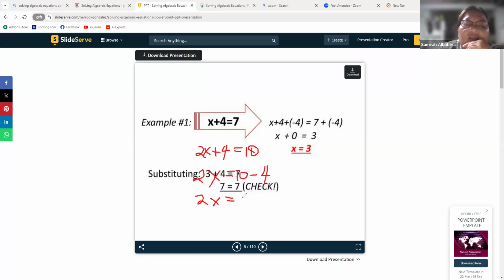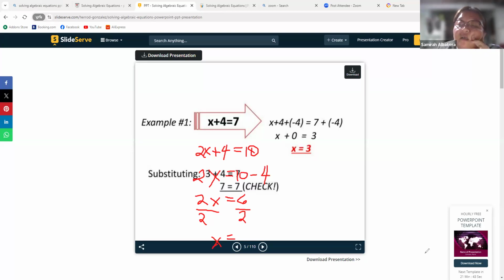We should know the value of x first. So we are going to divide by 2 because we want to make sure that what remains is x. Since we divided the left side by 2, we should also divide the right side by 2. So x now will become 6 divided by 2.